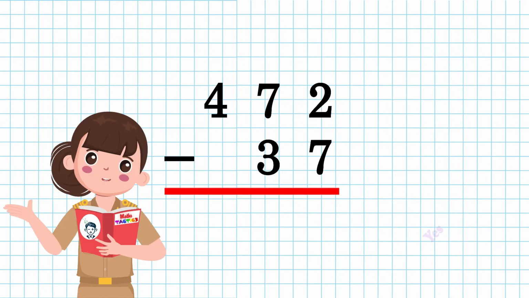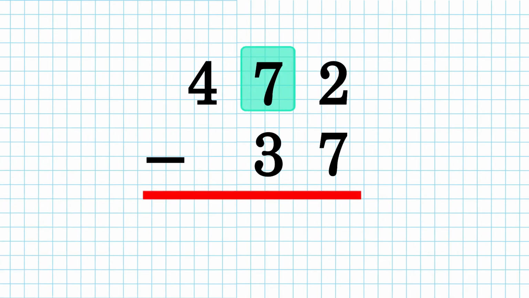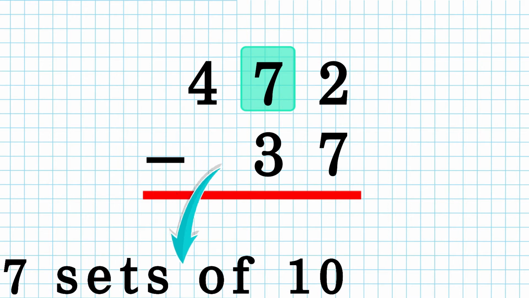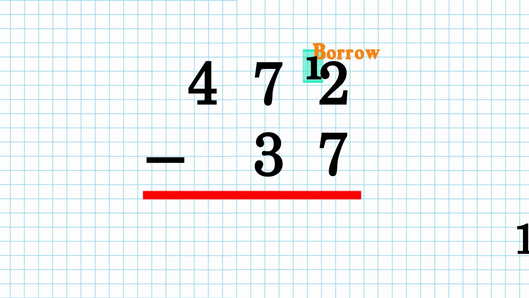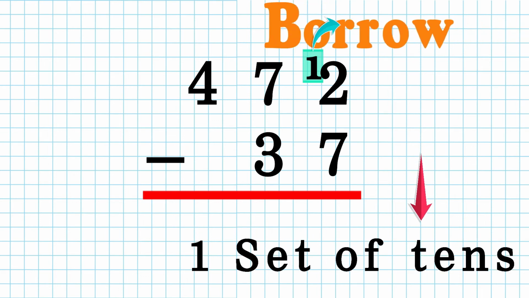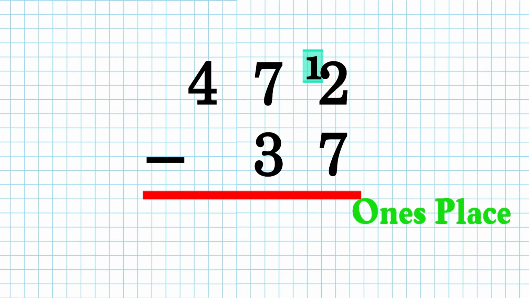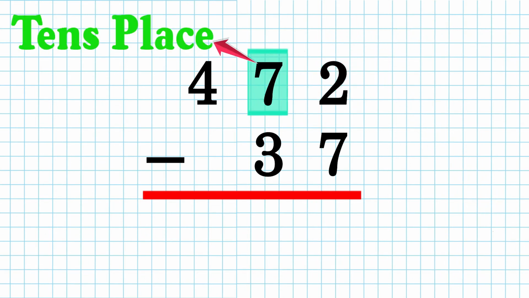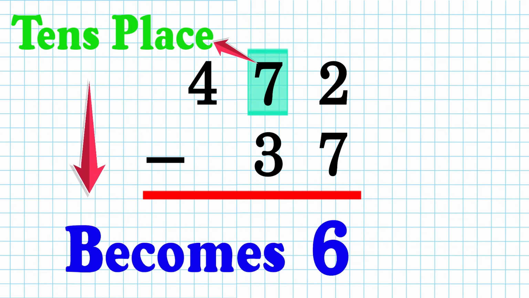Borrow? Yes, the number next to it is not actually 7. It is 7 sets of tens. So, when borrowing, we don't just borrow 1. We borrow 1 set of tens. So, the number in the ones place becomes 12 and the 7 sets of tens become 6 sets of tens.